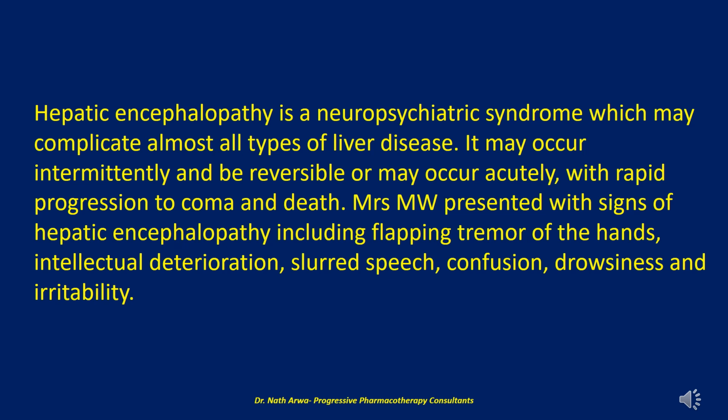It may occur intermittently and be reversible or may occur acutely, with rapid progression to coma and death. Mrs. M.W. presented with signs of hepatic encephalopathy including flapping tremor of the hands, intellectual deterioration, slurred speech, confusion, drowsiness and irritability.